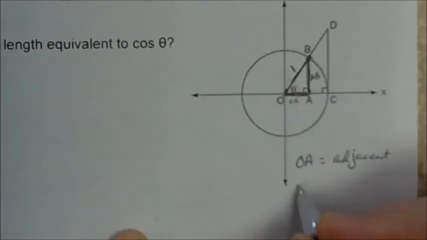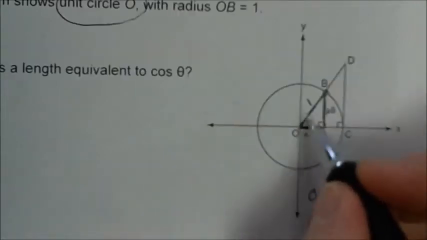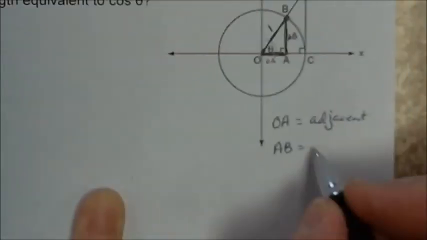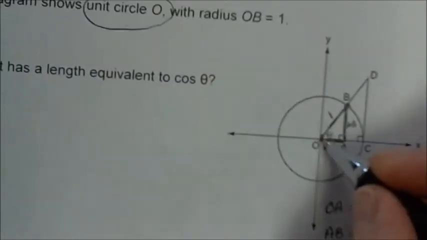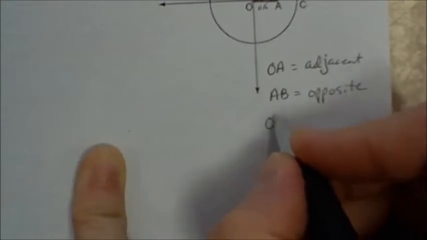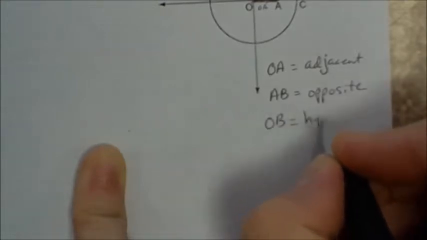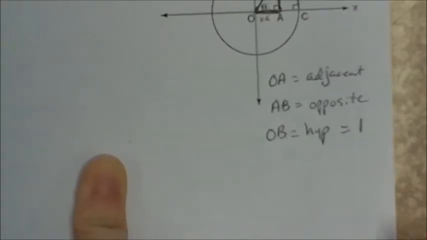AB is, from this angle theta, the opposite side. And the hypotenuse is OB. So OB equals the hypotenuse, which is equal to 1 because it's a unit circle.